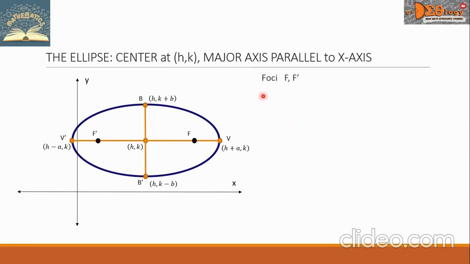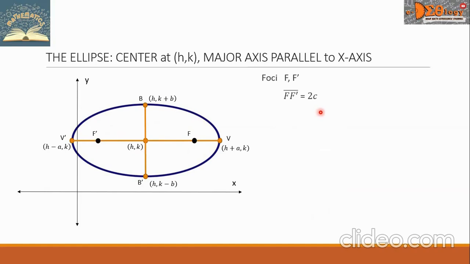Now let us go to the foci. Here is the first focus denoted by F, and this is the second denoted by F prime. The line segment connecting the foci is assigned to be 2c.